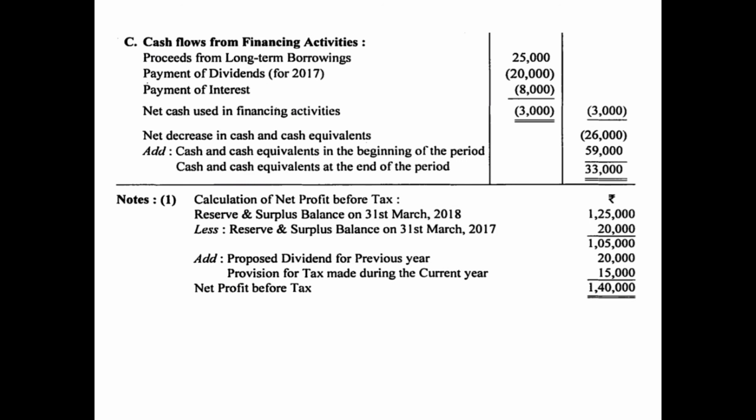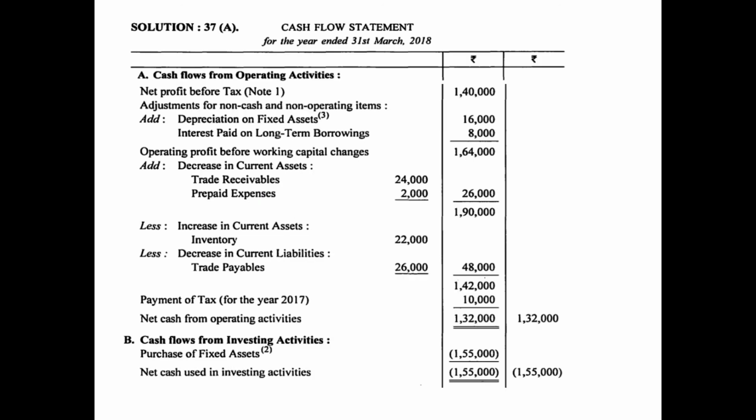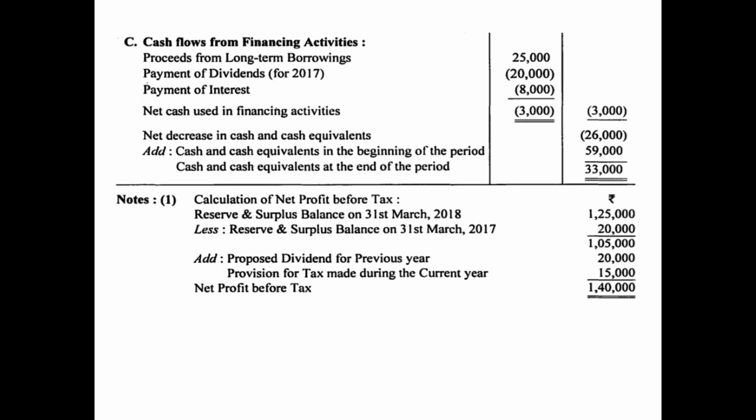So we can see that part A total was 1,32,000, part B total is minus 1,55,000, and part C total is minus 3,000. When we add A, B and C, we get the net increase or decrease. If it was a positive balance, it would have been an increase. Since it is a negative balance of 26,000, it is a net decrease in cash and cash equivalents.